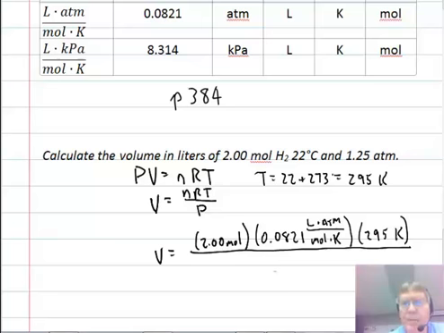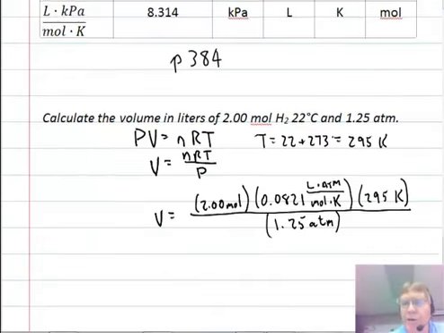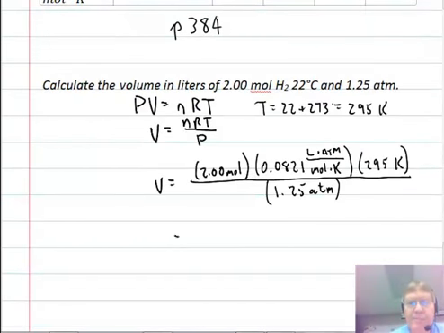And then we're going to divide that by our pressure, which is 1.25 atmospheres. Okay, so when we do the arithmetic here, we find that the volume is equal to 38.8.